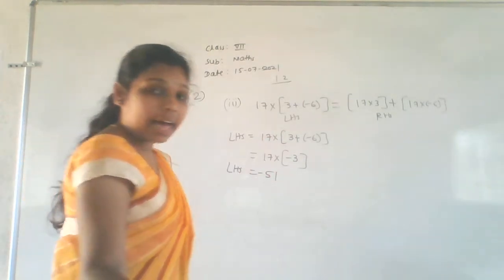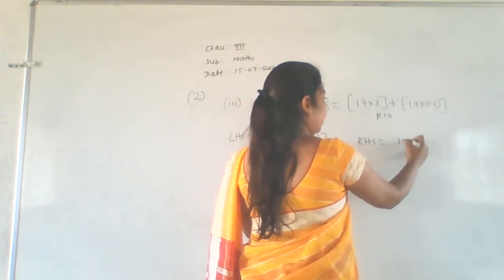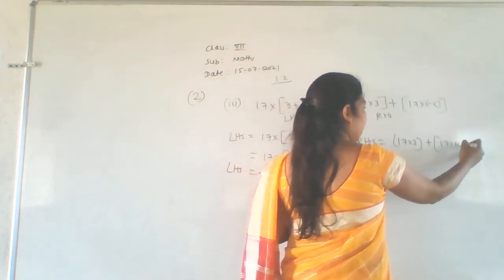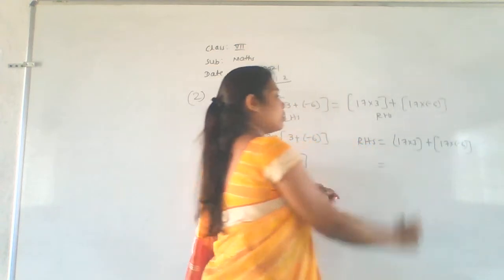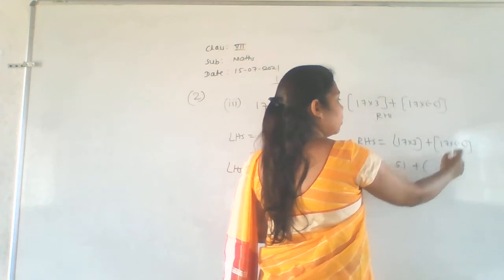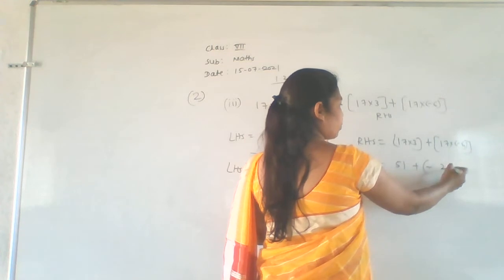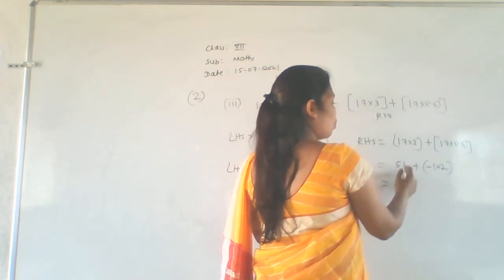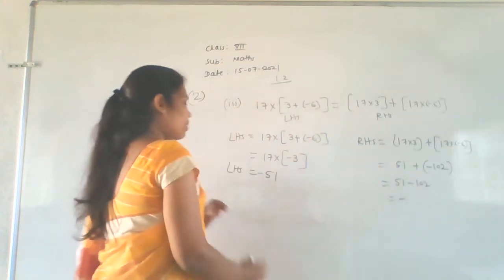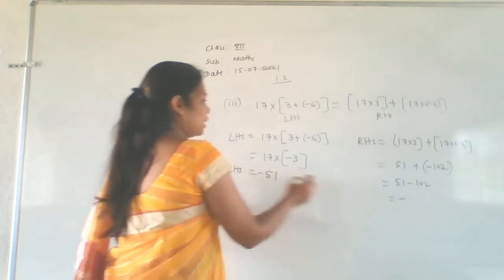Now we have to do the RHS. RHS is equal to 17 into 3, next plus 17 into minus 6. What is the value of 17 times 3? 17 times 3 is 51, and plus of minus into plus, minus is there. 17 times 6 is how much? 102. So one plus is there and one minus is there, then we need to subtract the values. So 102 minus 51, that will be 51 only.